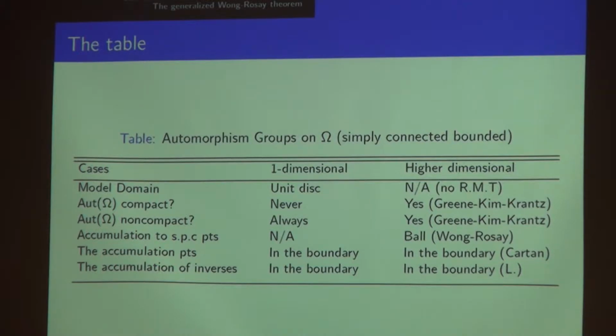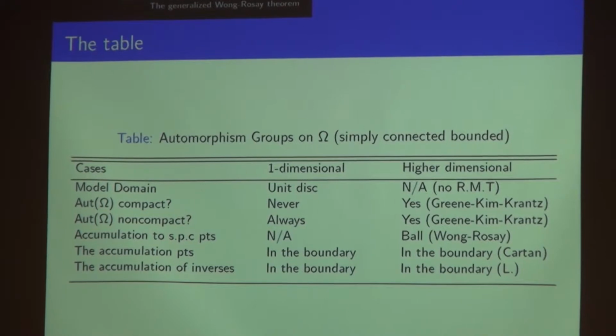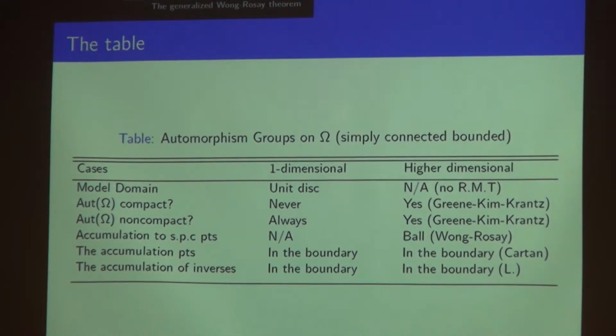This domain gives you a compact automorphism group. That means if you take arbitrarily many automorphisms on this domain, you will find the limit is still an automorphism. You cannot bring a point to the boundary. This is quite different from the one-dimensional case.